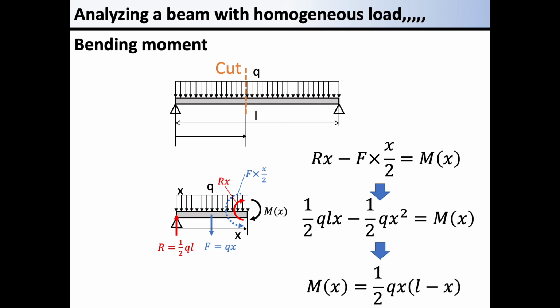What we have got here is the distribution of moments, the equation for Mx. As represented in this equation, Mx is a quadratic function of x. This is a quadratic function such that it is maximized when x is L over 2.